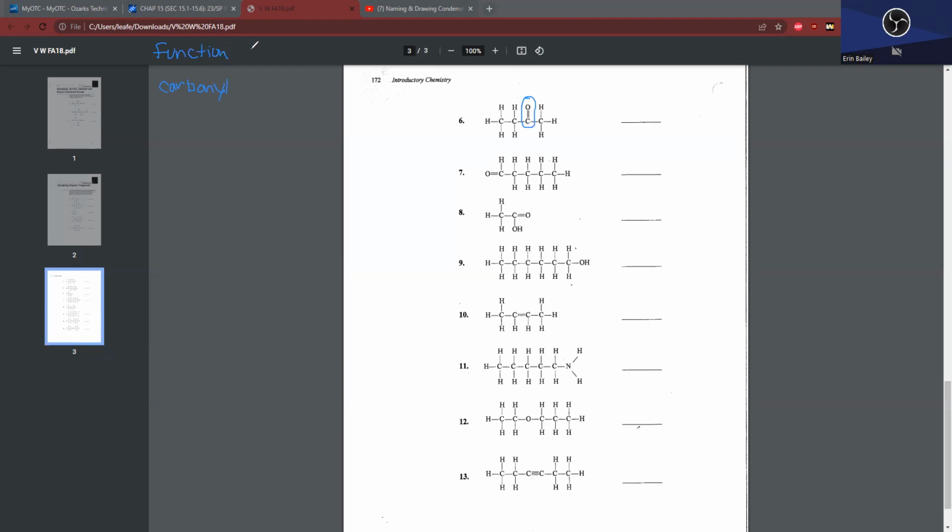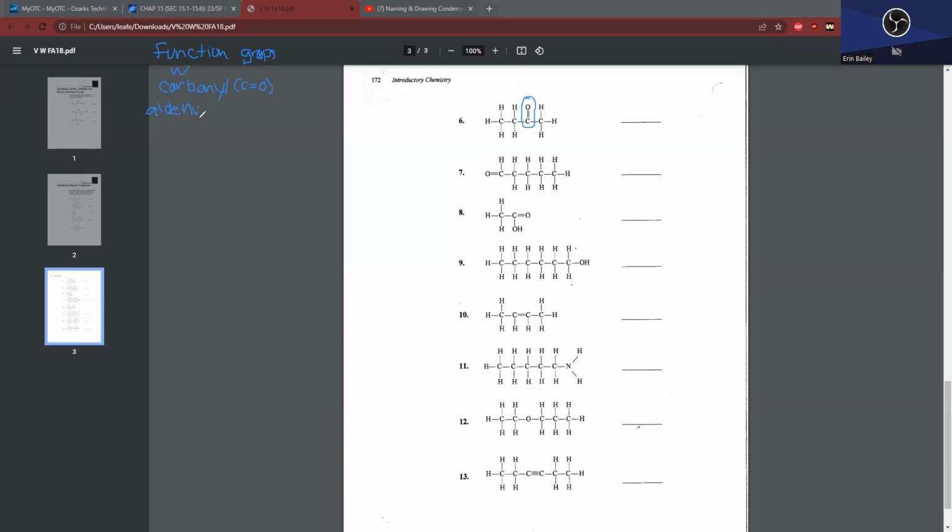I'm just going to put GRP, groups with carbonyl. That's going to be aldehyde, and carbonyl is just going to be the double bonded carbon to oxygen.